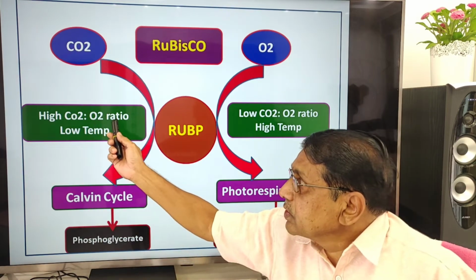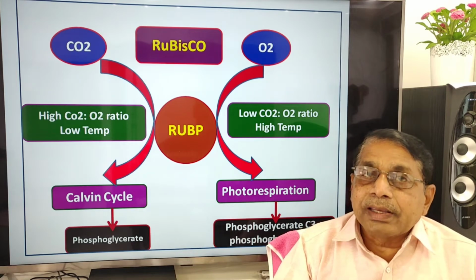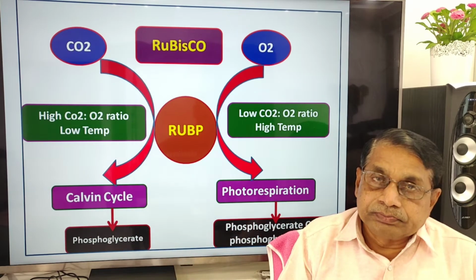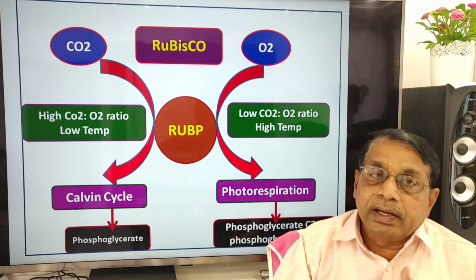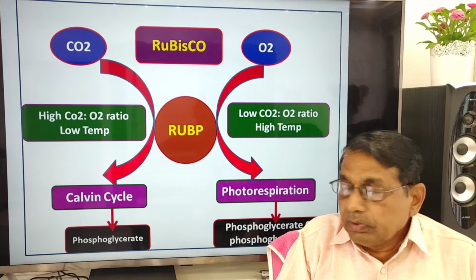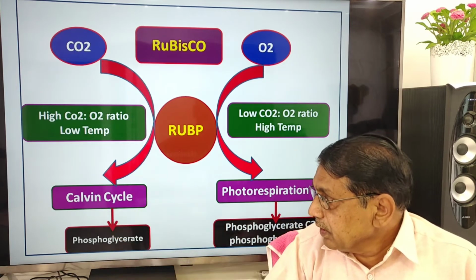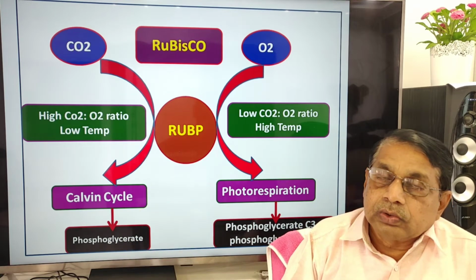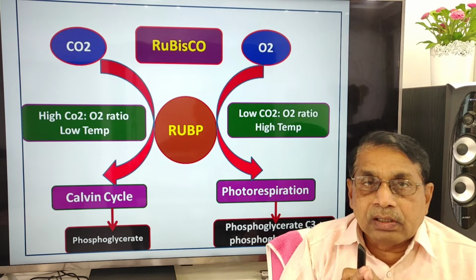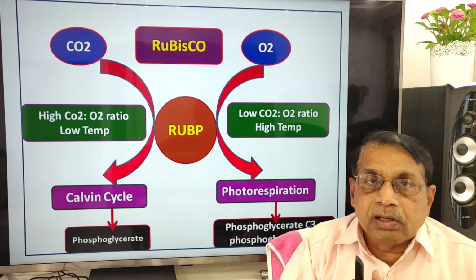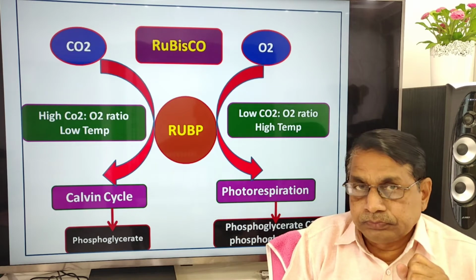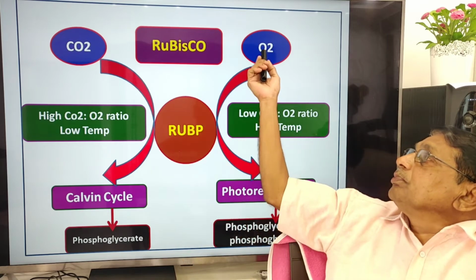When there is a high carbon dioxide to oxygen ratio, in other words when there is more carbon dioxide than oxygen, the Rubisco absorbs carbon dioxide in Calvin cycle type of reactions, and forms the first product, phosphoglyceric acid, PGA, or phosphoglycerate. This happens when there is more carbon dioxide than oxygen and, simultaneously, a low temperature. Two conditions should be fulfilled.